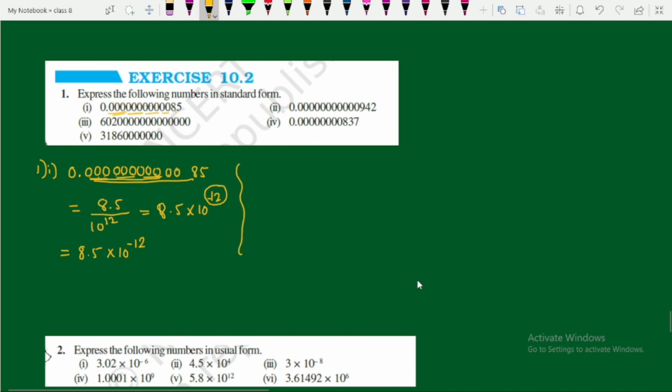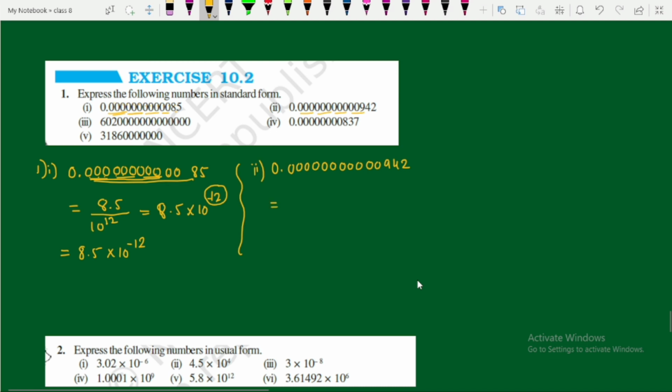Now the second one. 0.000 and so many zeros, so let's count here: 3, 3, 3, and here 9 we want. It is 0.000000000942. Now where do we want the decimal point?